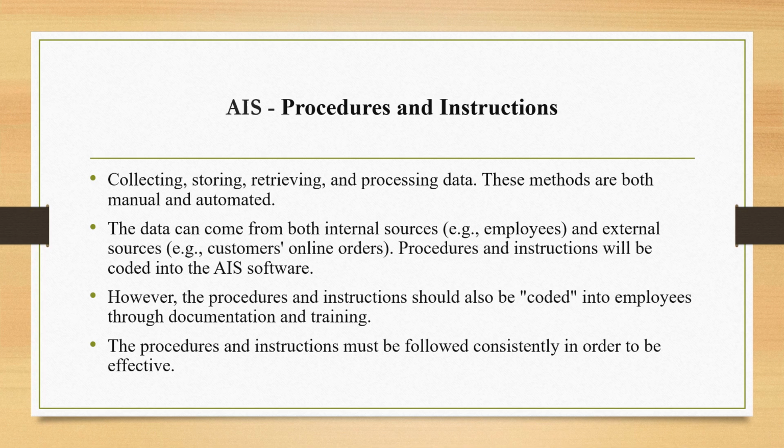The procedure instructions will be coded into the AIS software, and conveyed to employees through documentation and training. These procedures must be followed consistently in order to be effective. So it should be in a uniform and proper way to produce an effective result. If you are using one notation in one place, throughout the business you have to maintain the same notation for a consistent report.